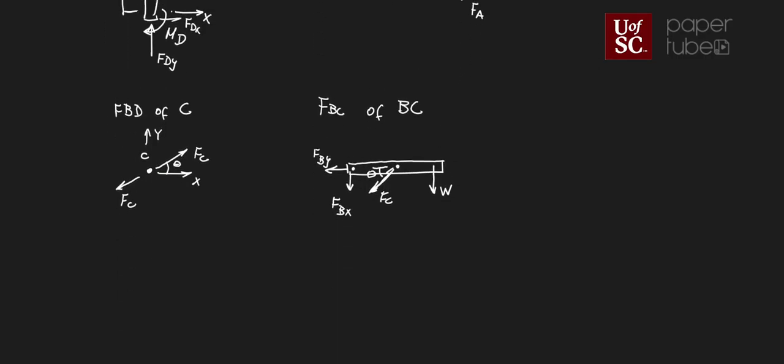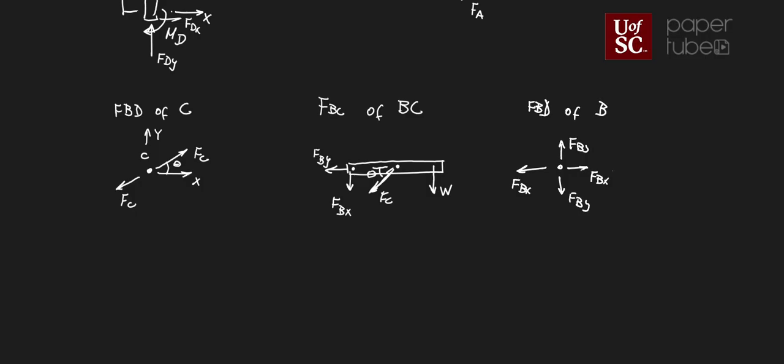All right, very good. So once I look at all those free body diagrams, including the free body diagram of B, I want to forget about that. And that we're going to have Fbx, Fbx, Fby, and Fby.